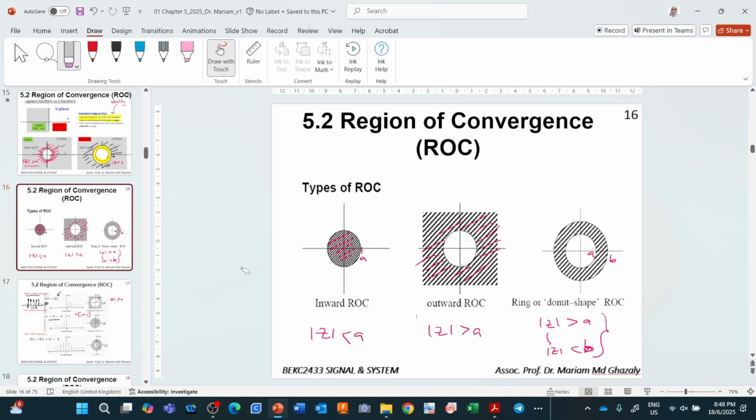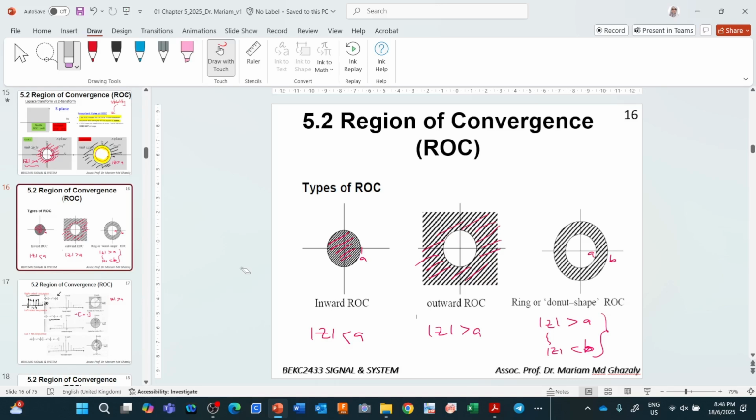If you draw it out, there is 0 and the unit circle. So where is 1/2? Here, right? This is 0.5 and minus 0.5.